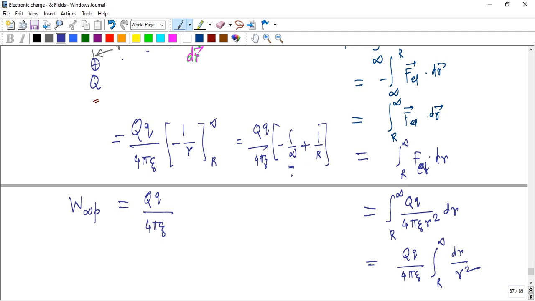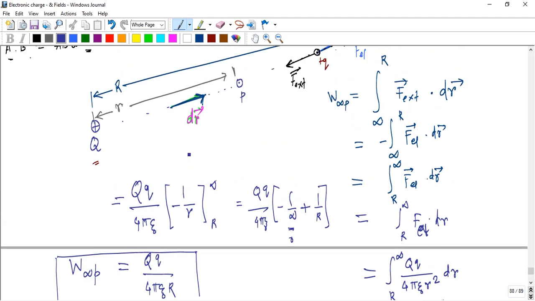So 1 by infinity is equal to 0, ignore that, and we are left with 1 over r. That's the work done to bring a test charge from infinity to a finite point.